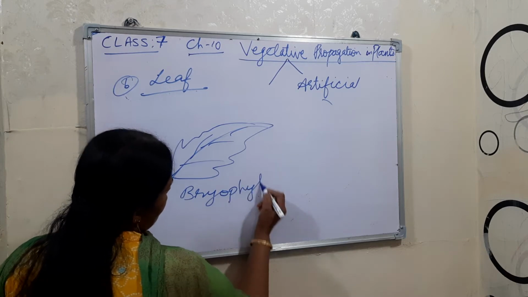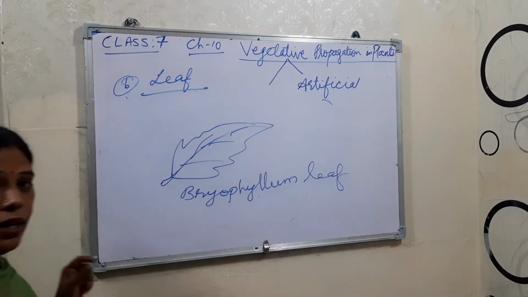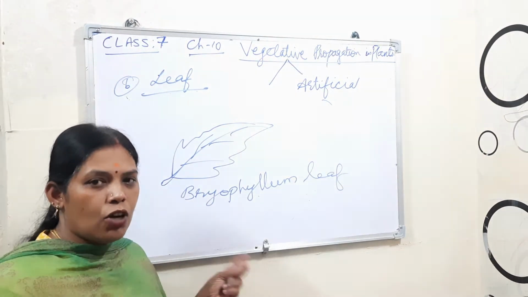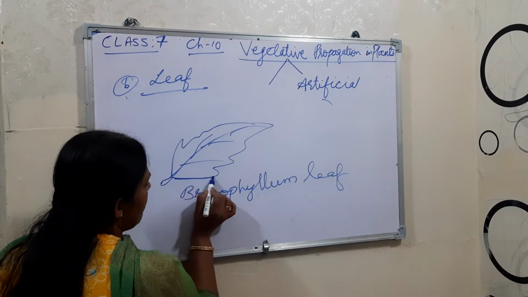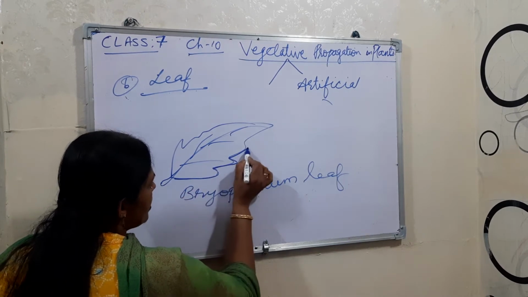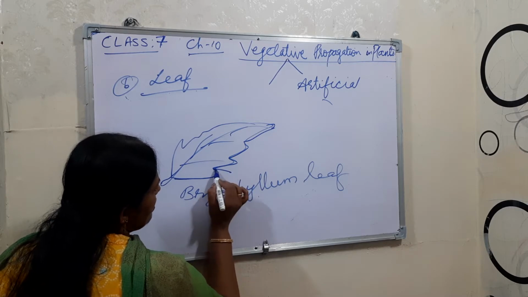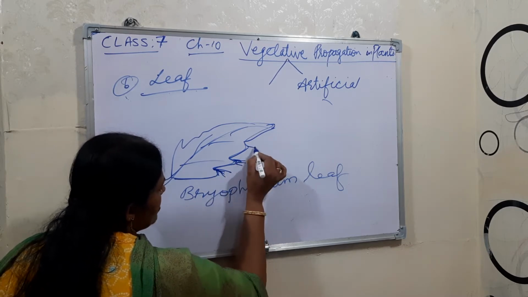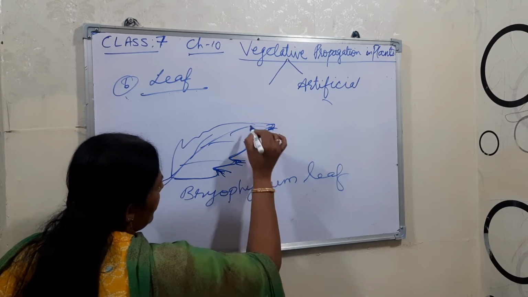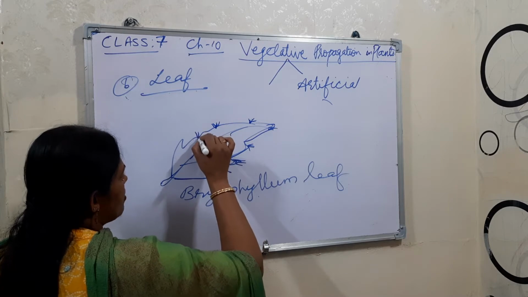Here in the bryophyllum leaf, what is the quality? Here the edges, these are the margins, right? In the margin, on the nodes here, okay, in this place new buds develop. On each margin you can see the new buds.